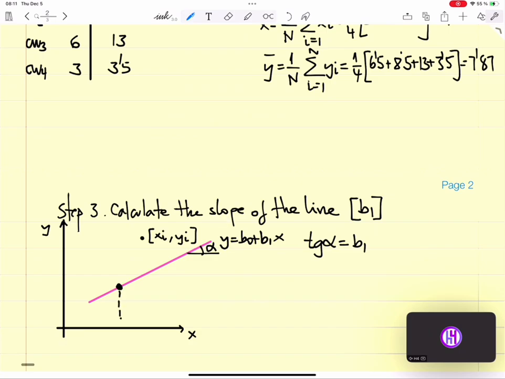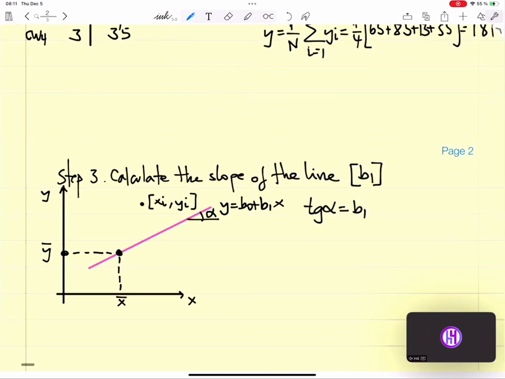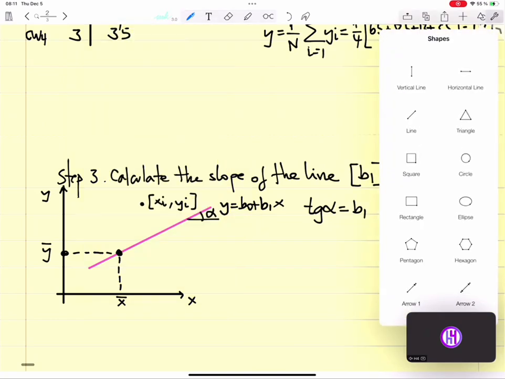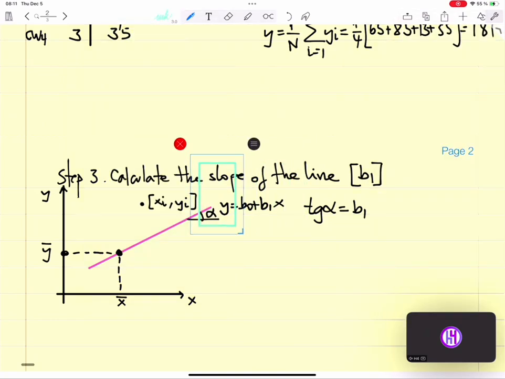So we know that this line goes through the mean values of y and x, okay? So the slope, now please stay with me, okay? So what is the area of this square?